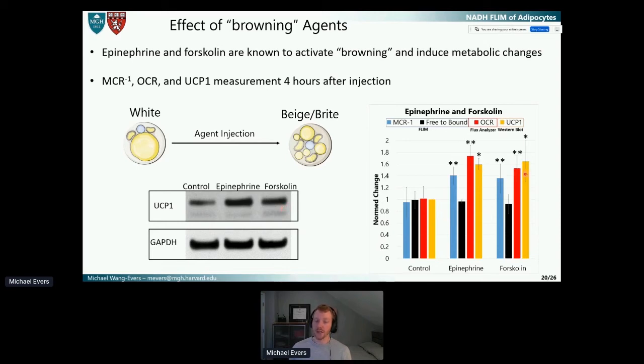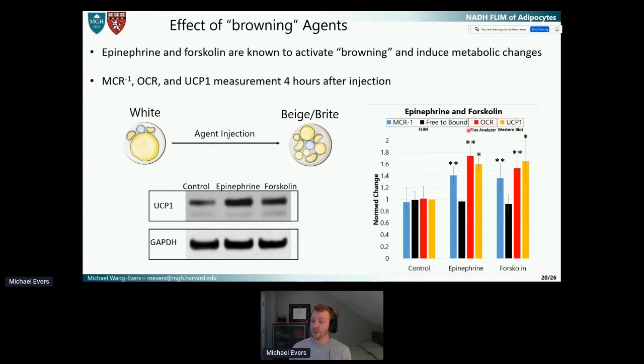It's significant, while the housekeeping gene stays the same. If we look at our flux analyzer, the red bar, we can also see that the oxygen consumption after 4 hours is significantly increased, and also our metabolic ratio is also increased significantly.